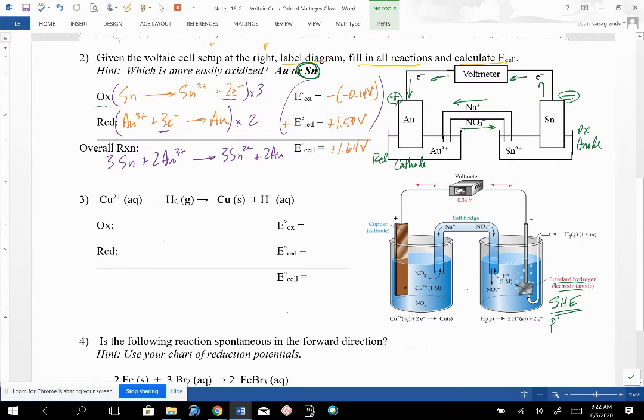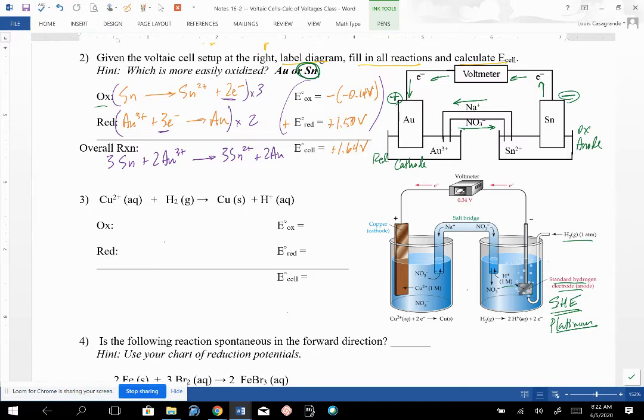So we put platinum in here to make electrical contact to the solution. And we pump 1 atmosphere of hydrogen gas in here. We have 1 molar, in this case, nitric acid, HNO3, in the cell, and that satisfies our need for the SHE.